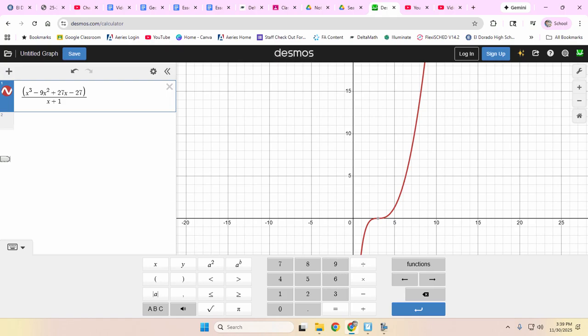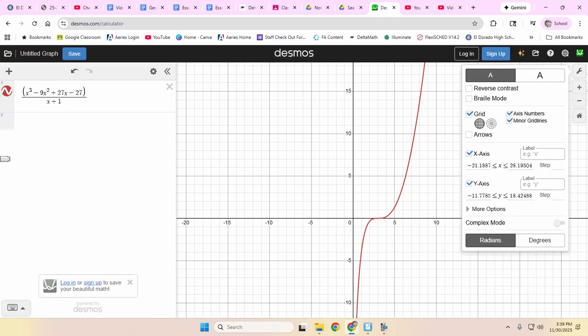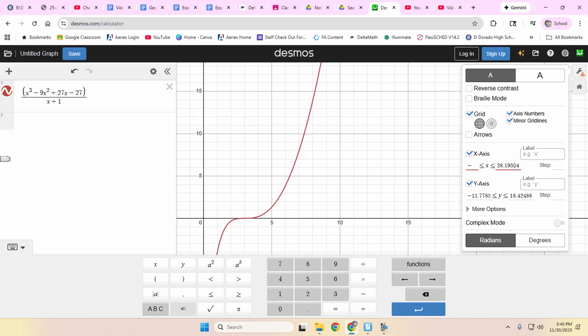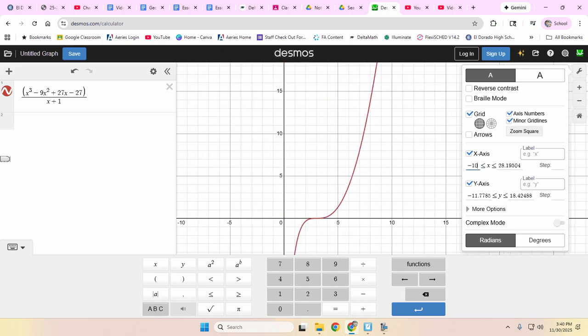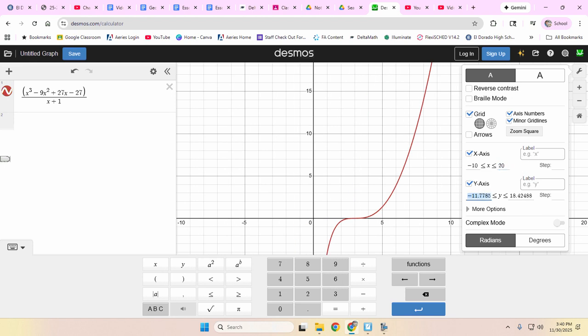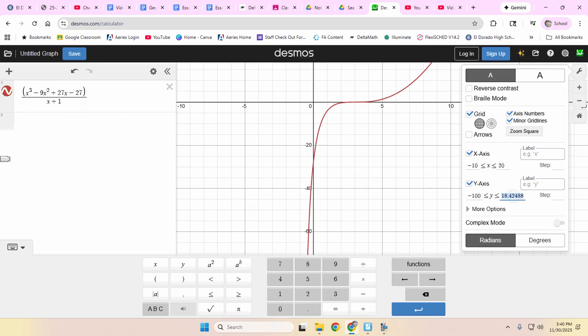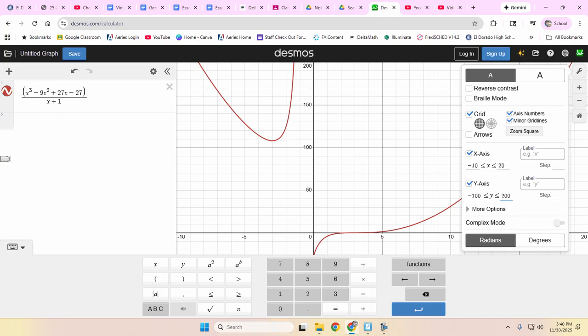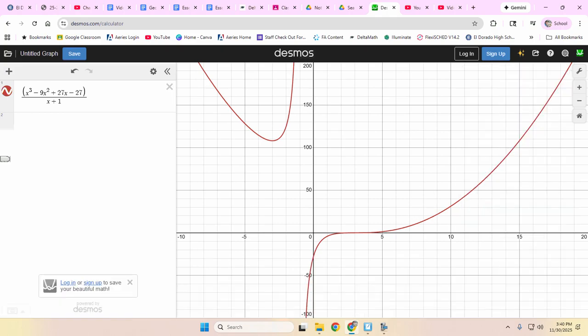Okay, and then they said set our window to -10 to 20, and -100 to 200. And then you can see it.